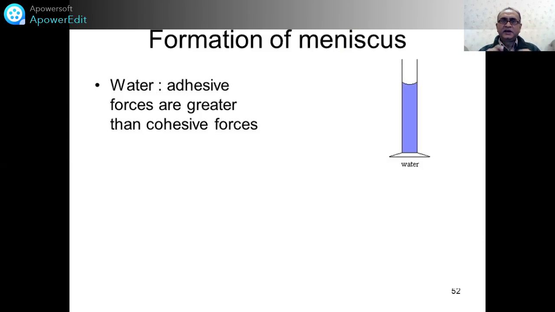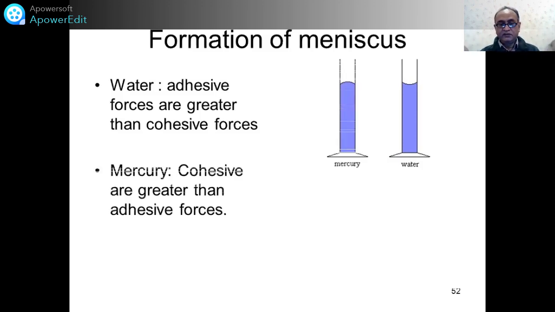I repeat, here the adhesive force between the glass and the water molecules is greater than the cohesive one. That is why the water molecules are trying to climb the glass, and that is why we see a concave meniscus. And if cohesive forces are enough, then they don't like to climb the glass, and we will have a different kind of meniscus.